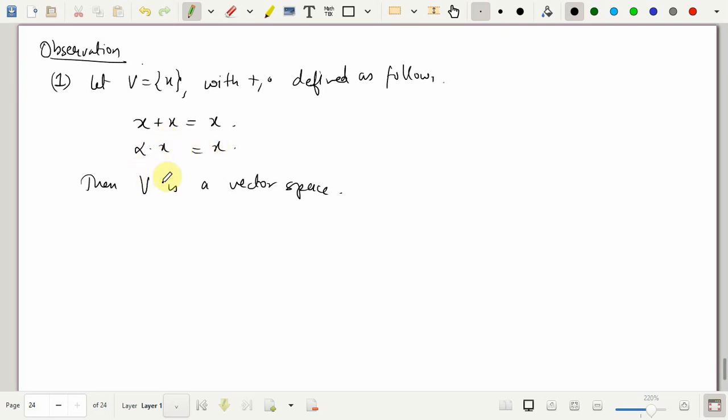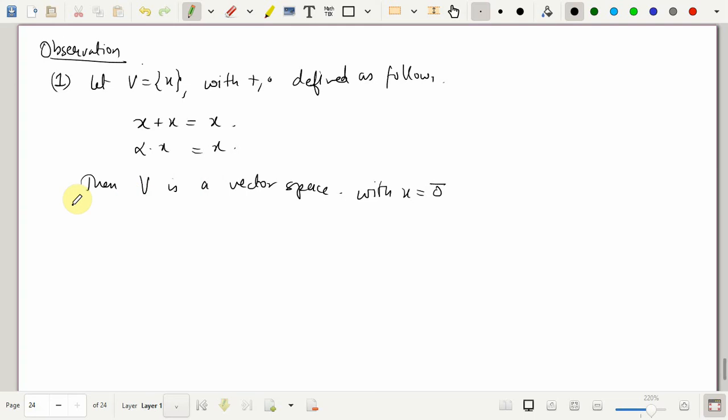So V is a vector space with this x taking only the element zero. If we know that V is a vector space with a singleton set, then the single element contained in the set is nothing but the additive identity of the given set.